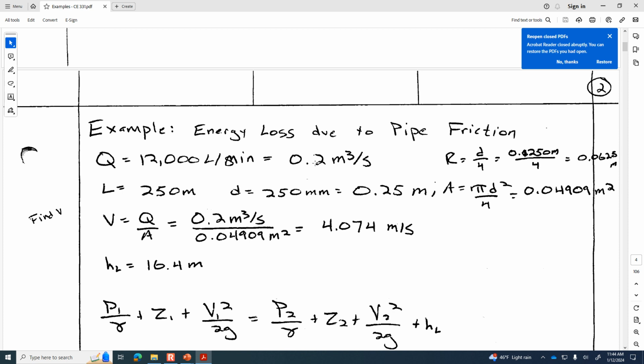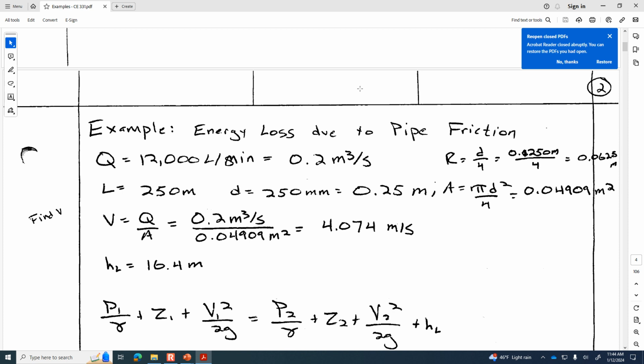So that's 4.074 meters per second squared divided by 2 times g. And then plus the head loss. So that's 16.4 meters of energy is lost due to pipe friction.